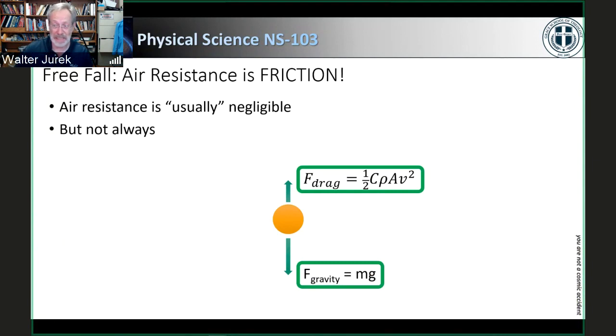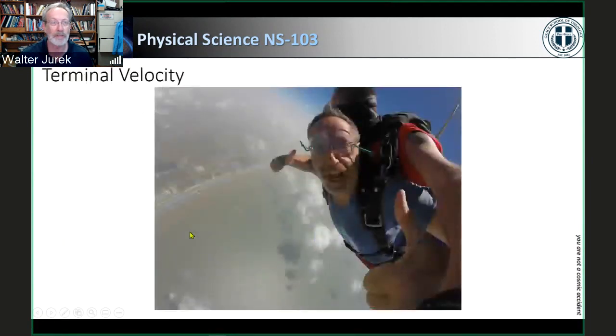And no, this is not testable. It's more of just making you aware that it's out there. But an interesting thing happens when something's in free fall and you've got air resistance. There comes a point where the friction that we call air resistance or drag balances out the force of gravity, our weight pulling us down. And that is called terminal velocity.